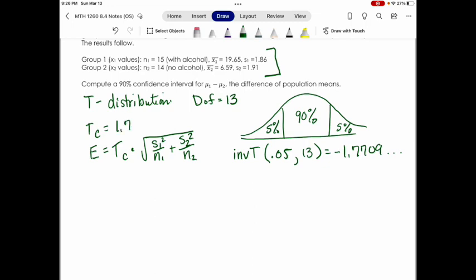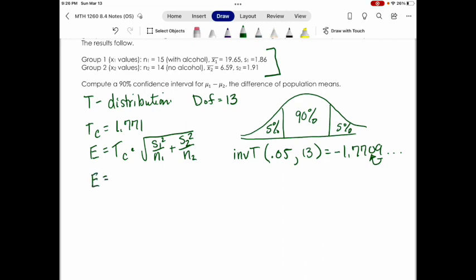I'm going to estimate t-critical to be 1.771. I'm going to take that 9 and use that 9 to bump 0 up to 1. And of course, when we're talking about our critical values, we only use the positive value because we're only concerned about the distance from the center, not necessarily what side it's on. So I'm going to use t-critical to be 1.771.